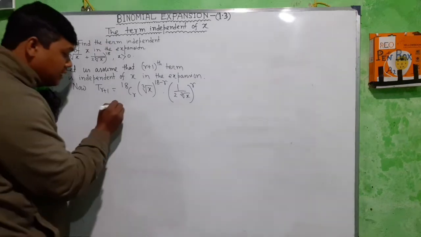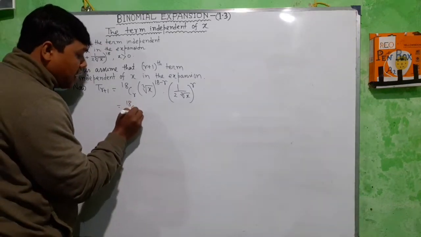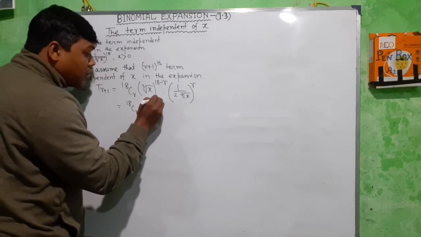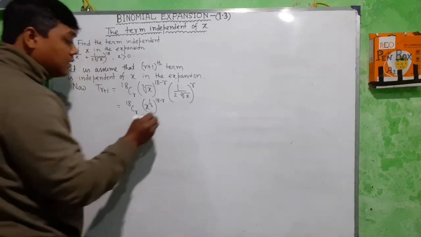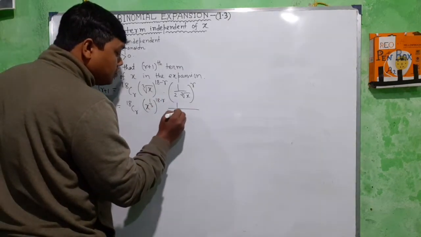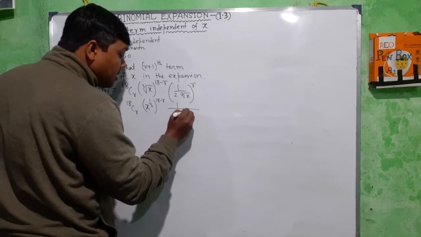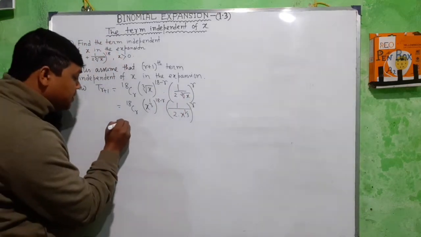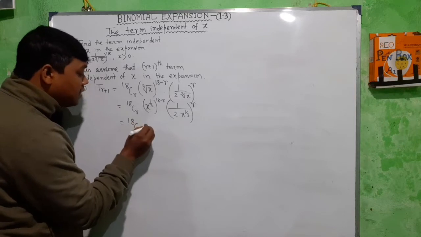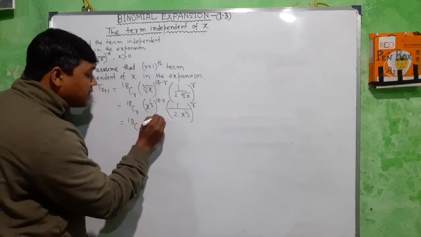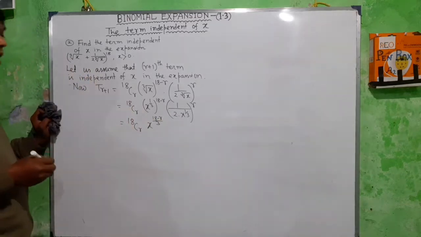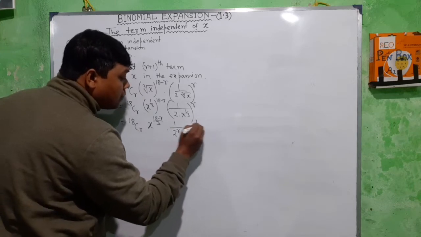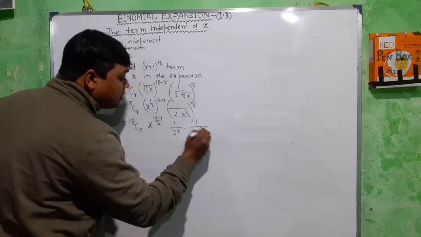Now I simplify it. 18Cr, you can write down cube root of x means x to the power 1/3, whole to the power 18 minus r, and 1 by 2, and x to the power 1/3 whole to the power r. And next step, 18Cr x to the power (18 minus r) by 3 and (1 by 2) to the power r, 1 by x to the power r by 3.